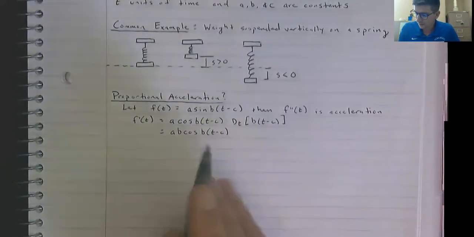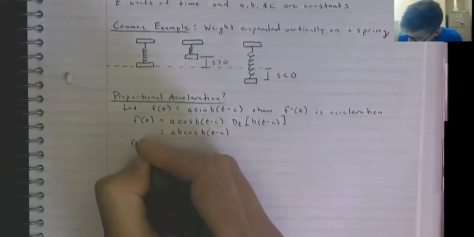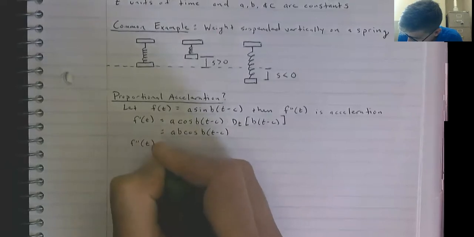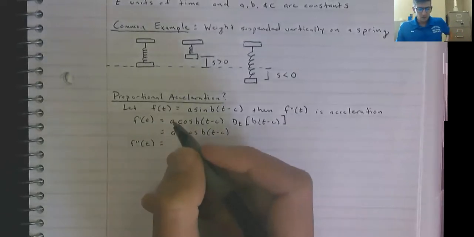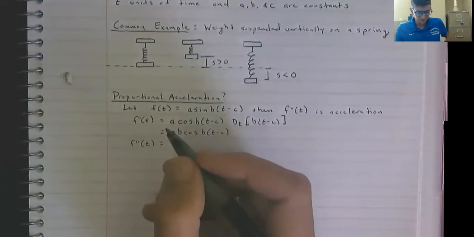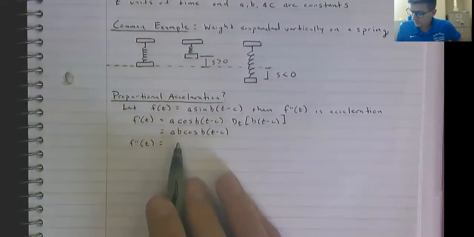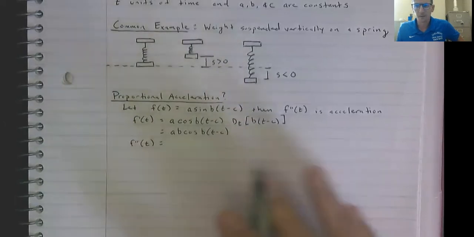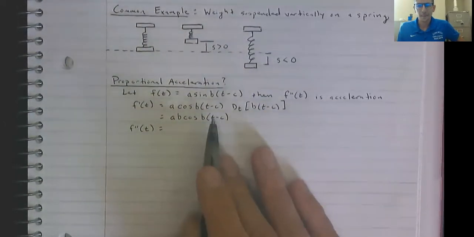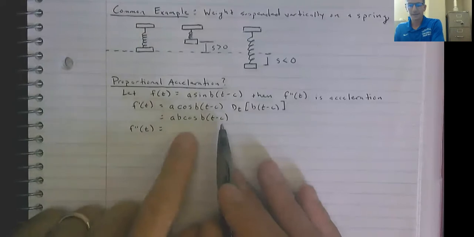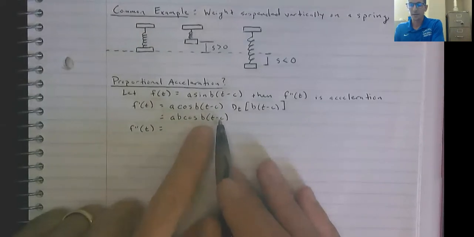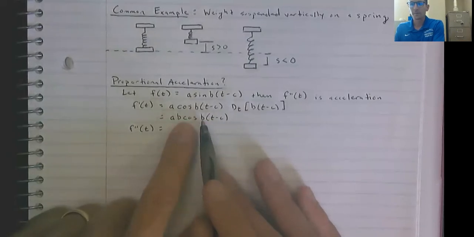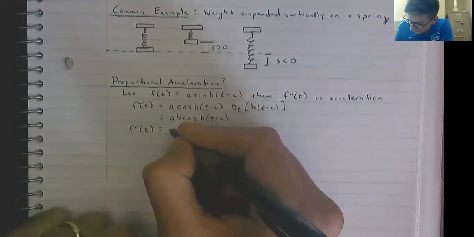Take the derivative of this guy, which is in turn the second derivative of f. So we'll repeat the process, because the same exact thing is happening. We've got this outer function that's cosine. The inner function is, again, b times t minus c. So we know what happens here. We'll take the derivative of cosine, which happens to be a negative sine.